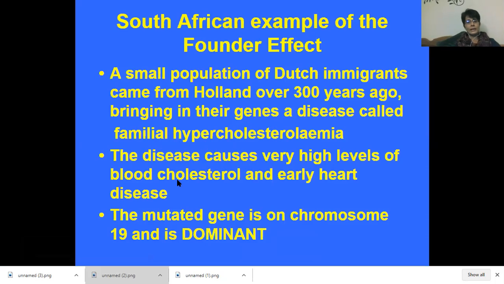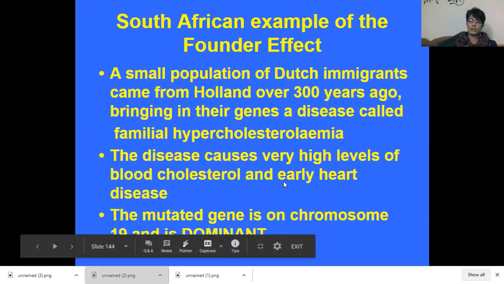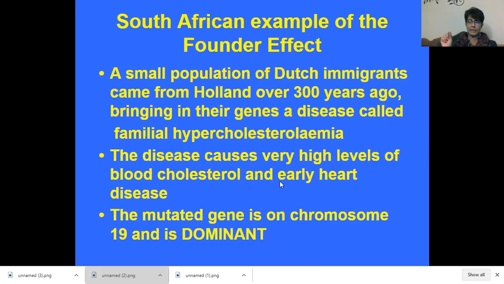Now, normally there are proteins or enzymes in our bodies which reduce the high levels of blood cholesterol, because blood cholesterol can block the little coronary arteries in the wall of the heart, which we learned about in grade 9, and that can cause heart disease, because if those little blood vessels become blocked, then reduced blood flow to certain parts of the heart could result in a heart attack, where part of the heart muscle dies, or eventually in heart failure.